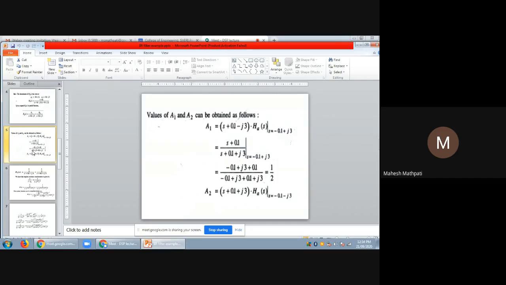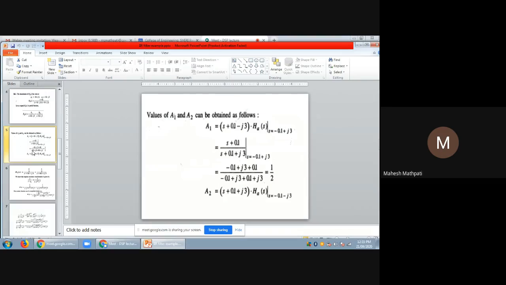Hope everyone is calculating the values of A1 and A2. Are you understanding what I have written here?